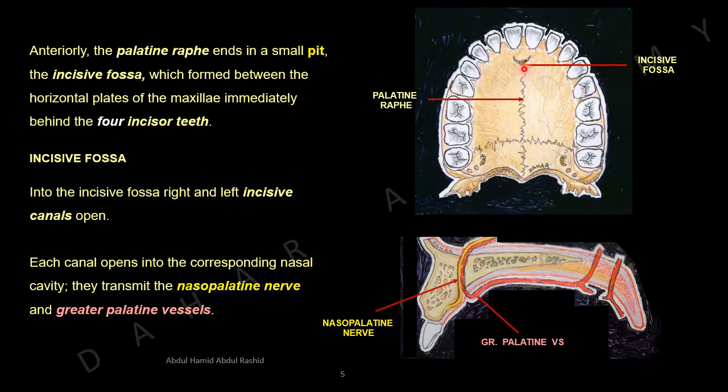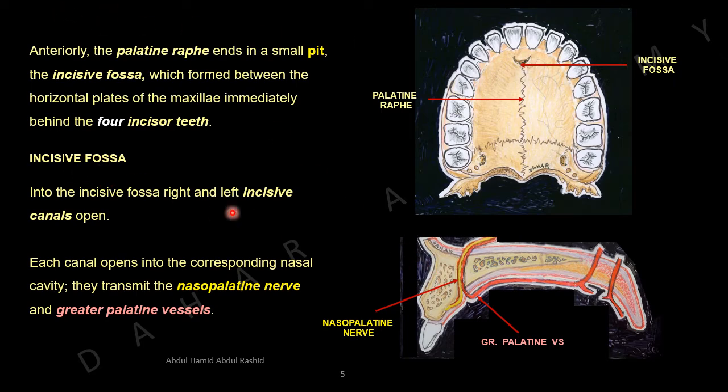This is the palatine raphe. Anteriorly, the palatine raphe ends in a small pit called the incisive fossa, which is formed between the horizontal plates of the maxillae immediately behind the four incisor teeth.